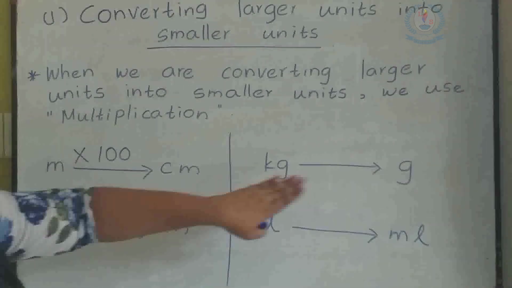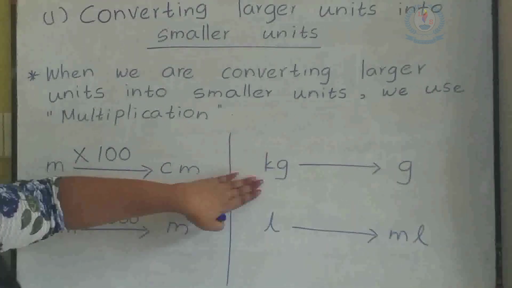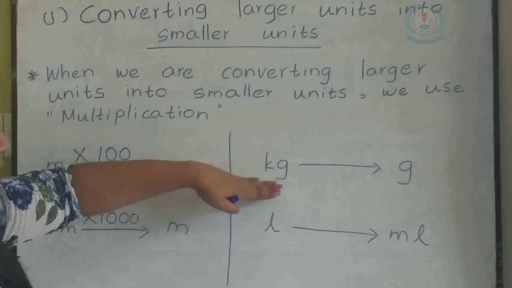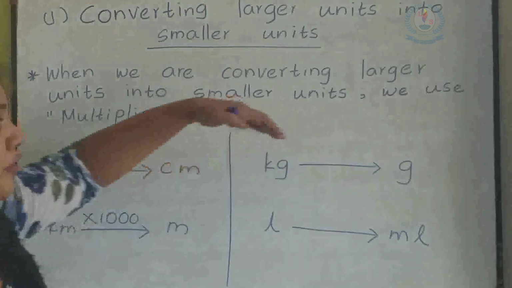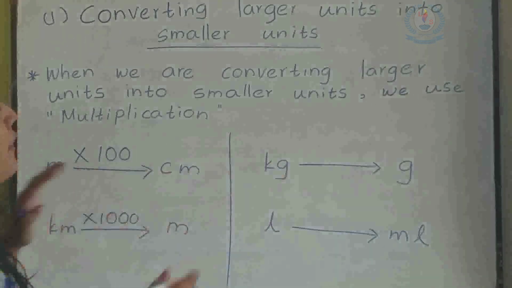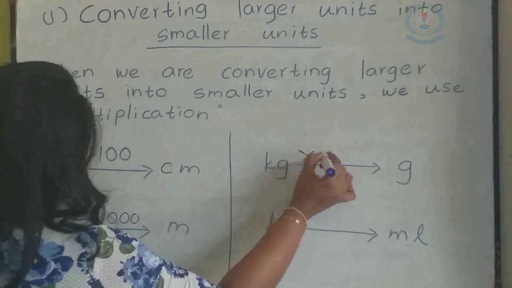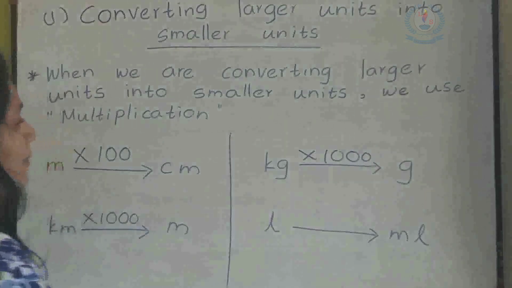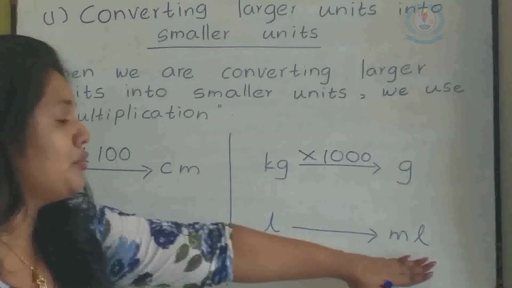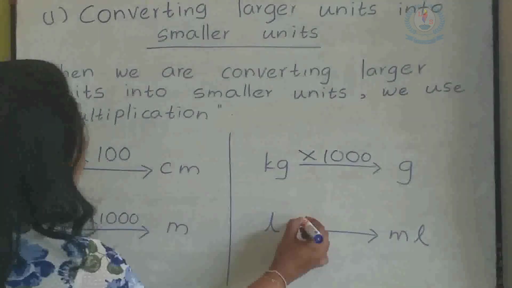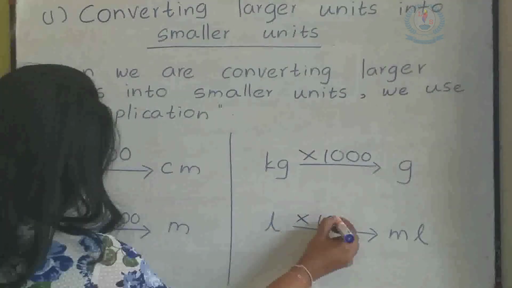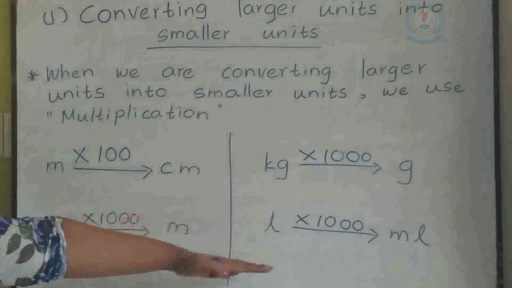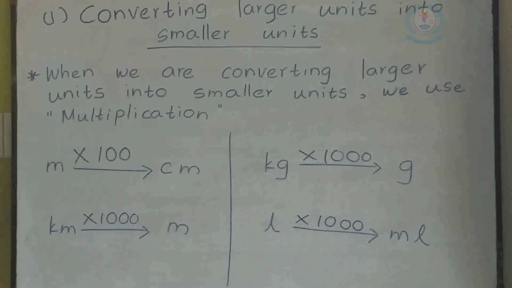Then kilograms and grams: the unit kilogram is larger than the unit gram, so to convert kilograms into grams, we need to do multiplication, multiplying the value by 1000. To convert a liter value into milliliters, here also we need to multiply that value by 1000. Can you remember those things? We have already learned these four concepts in the second term test.